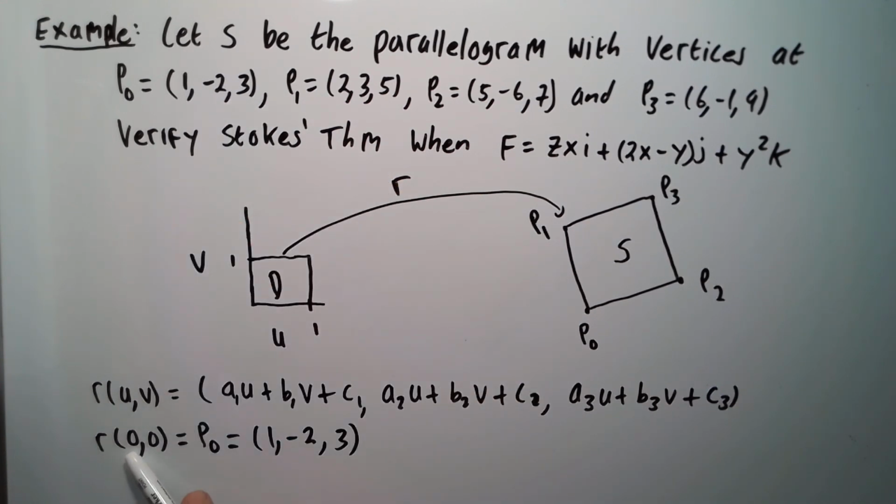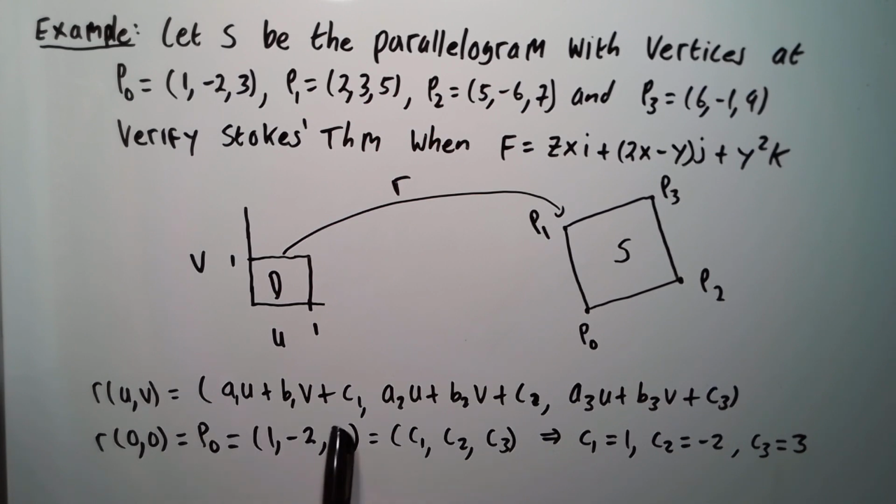Putting 0 in place of U and 0 in place of V all the way across, this will become C1, C2, C3. So C1 has to be 1, C2 has to be minus 2, C3 has to be 3.